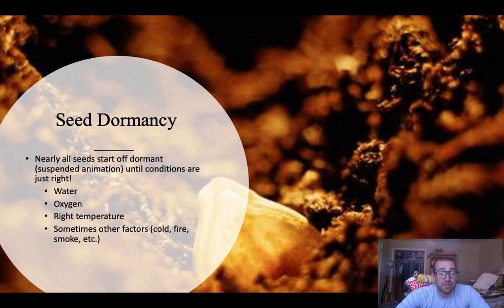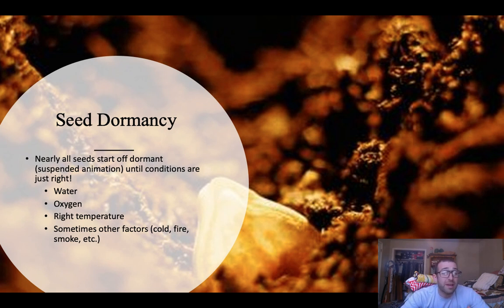So, seed dormancy. I mentioned seed dormancy in the past, right? Seed dormancy is essentially suspended animation for our seeds. As we learned, for germination to occur, you need three main things: water, the right temperature, and oxygen. Sometimes there are other factors, like I mentioned, cold, fire, smoke, etc. But those are the critical things for germination.